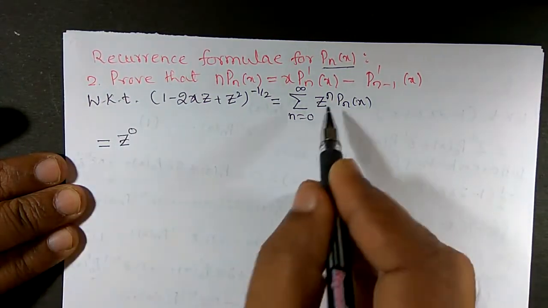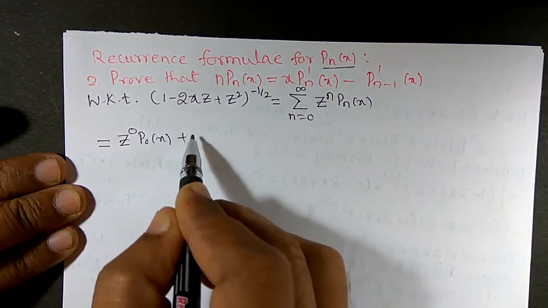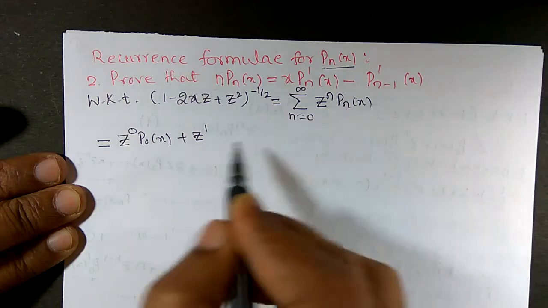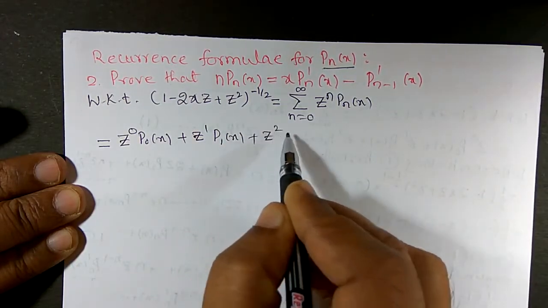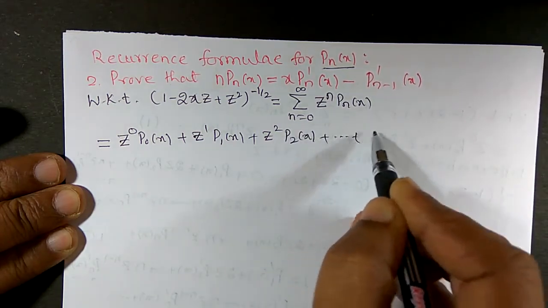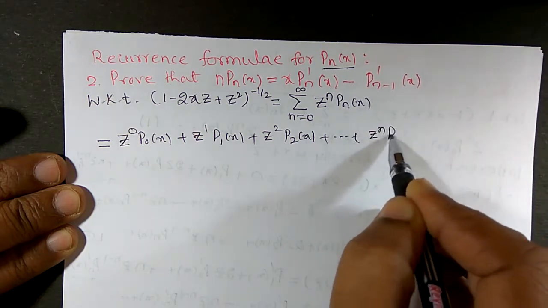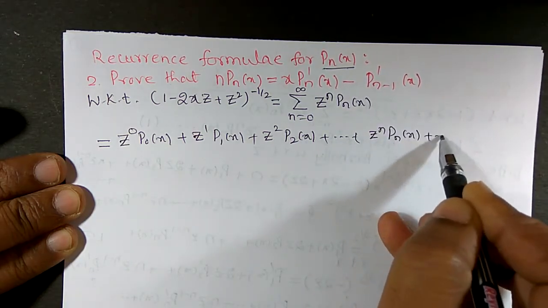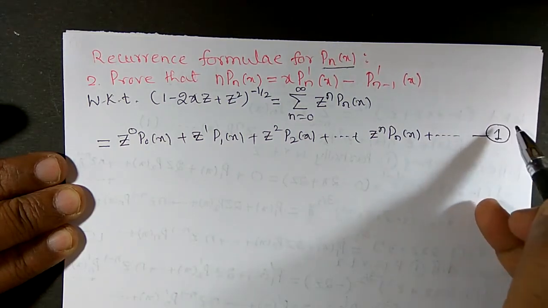I obtain z to the power 0 P_0(x) plus z to the power 1 P_1(x), z to the power 2 P_2(x), and so on, up to z to the power n P_n(x) plus so on. You may call it equation number 1.